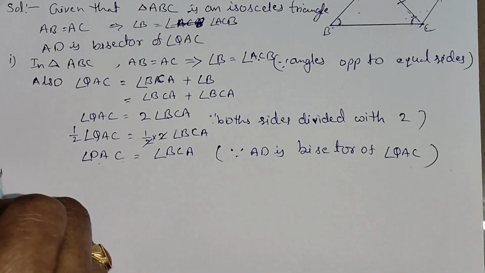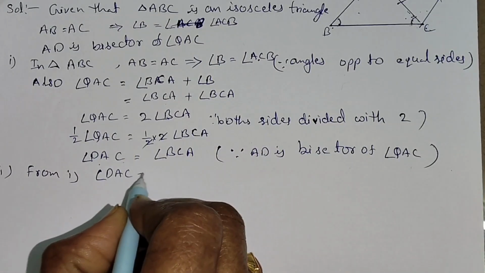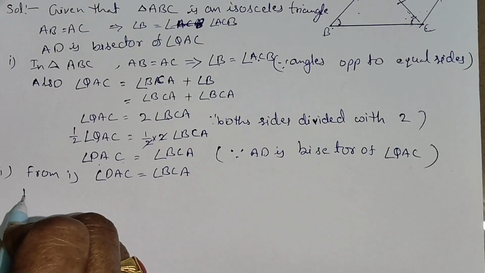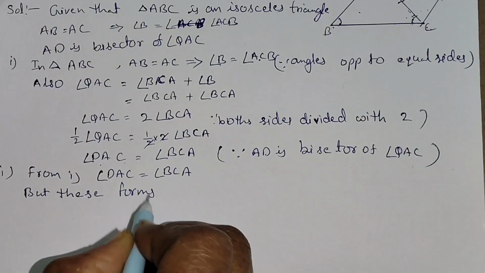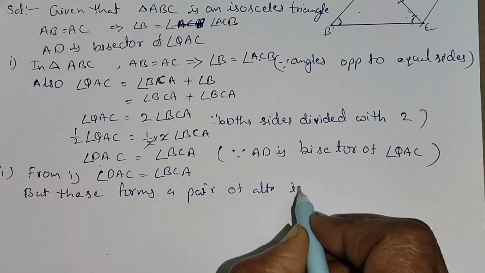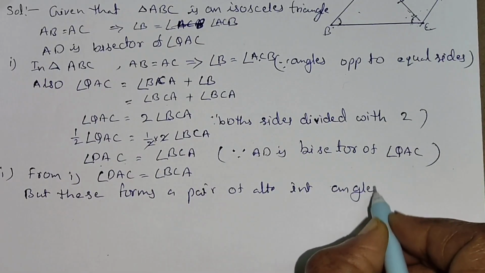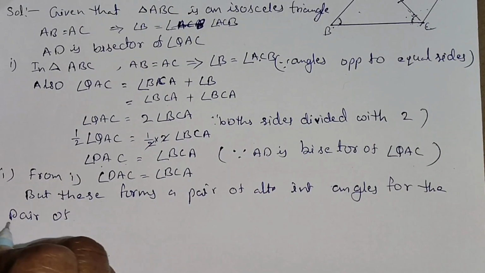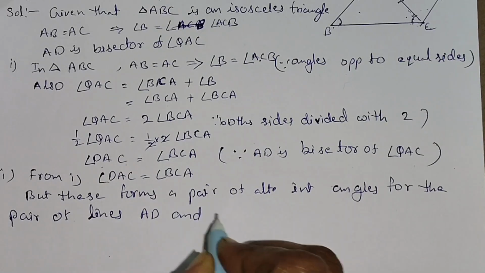Angle DAC equals angle BCA. These two form a pair of alternate interior angles for the pair of lines AD and BC.